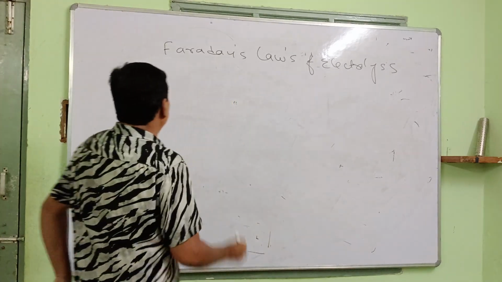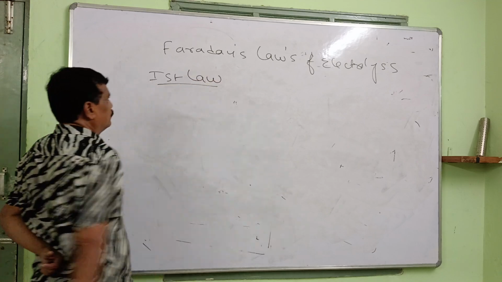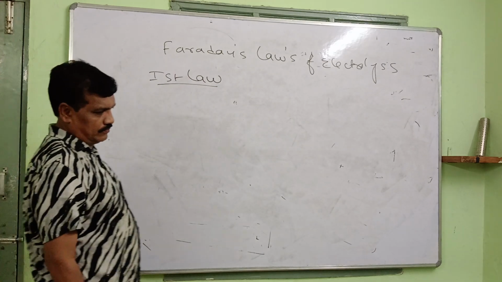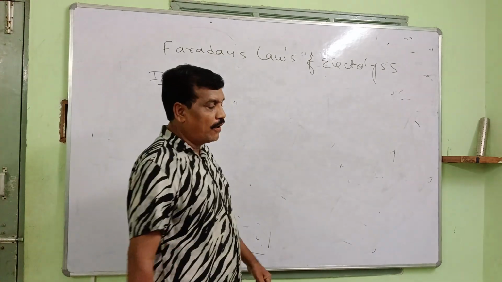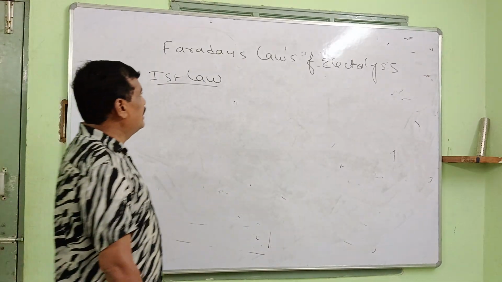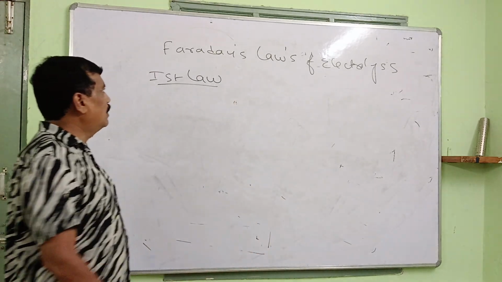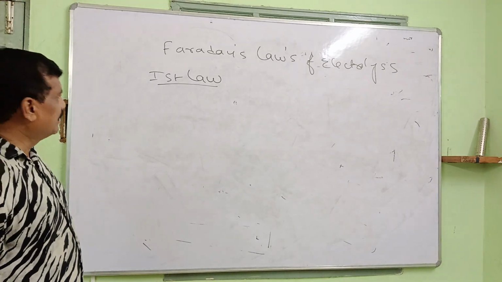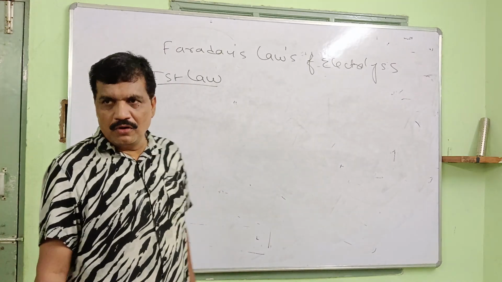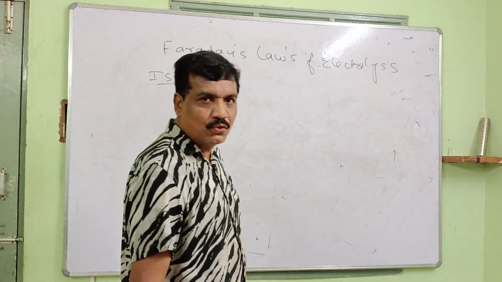Now I can define the first law. What is the first law? The amount of substance deposited at an electrode is directly proportional to the quantity of electricity. It is called Faraday's first law. I repeat again. What is Faraday's first law? The amount of substance deposited at an electrode is directly proportional to the quantity of electricity passed through it.